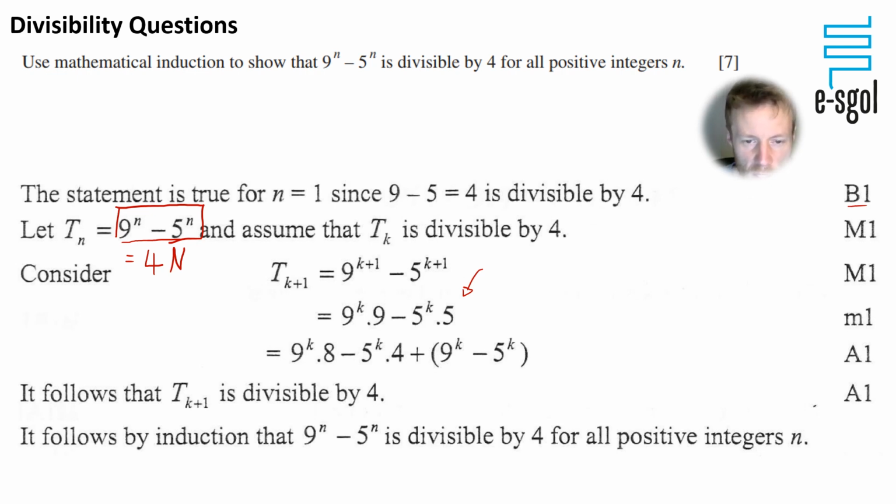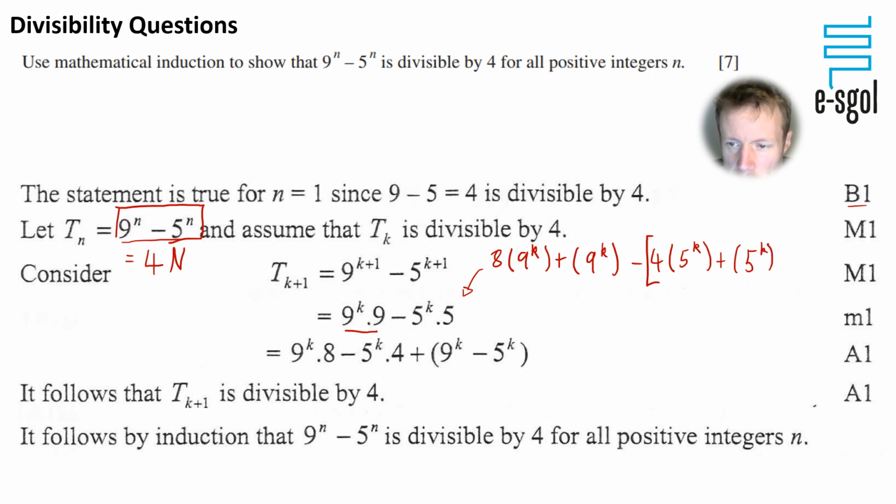But I guess we're looking at this first bit and we're saying that that is 8 times 9 to the power of k plus 1 times 9 to the power of k. And then the other bit is 4 times 5 to the power of k plus 1 times 5 to the power of k.